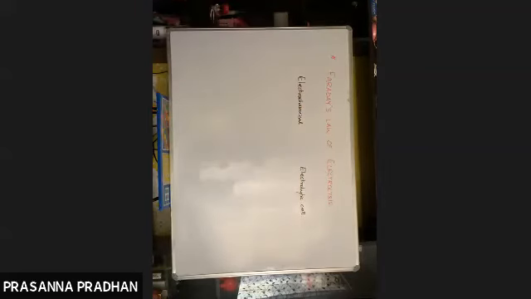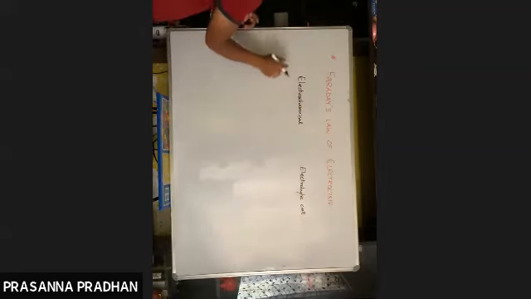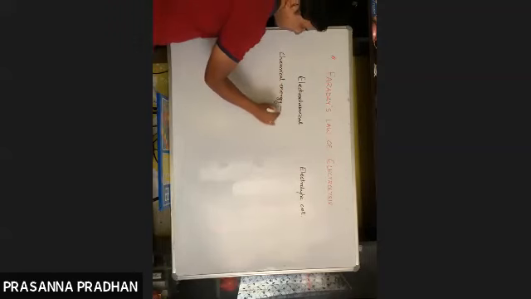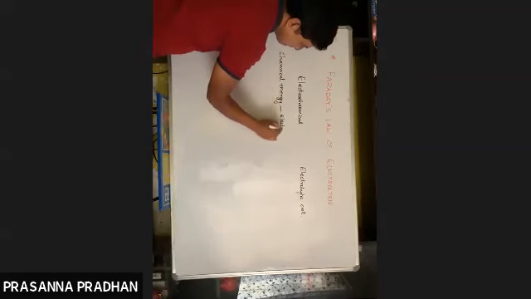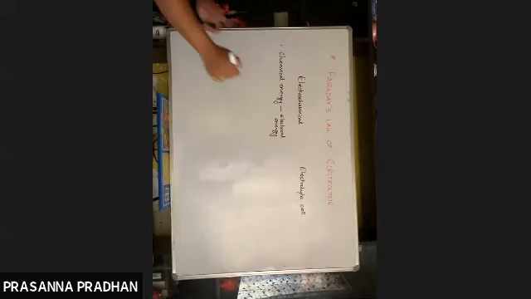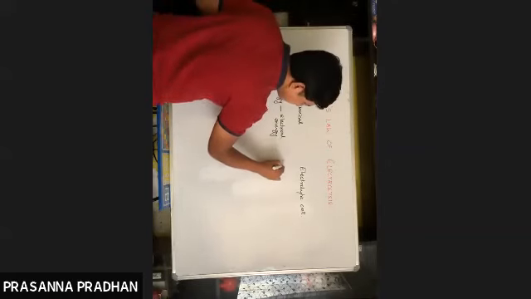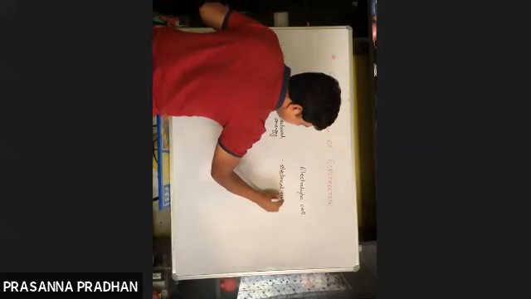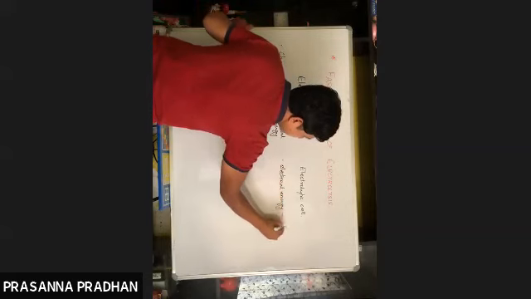So the first difference is in an electrochemical cell, the chemical energy is converted into electrical energy, and the redox reaction is spontaneous. Whereas in an electrolytic cell, the electrical energy initiates a chemical reaction.